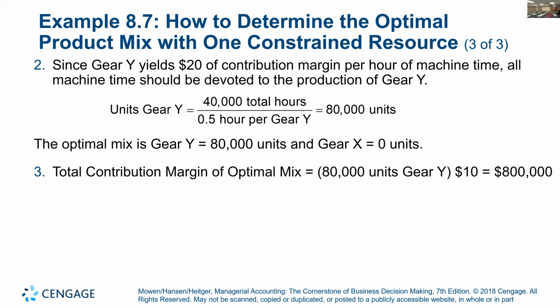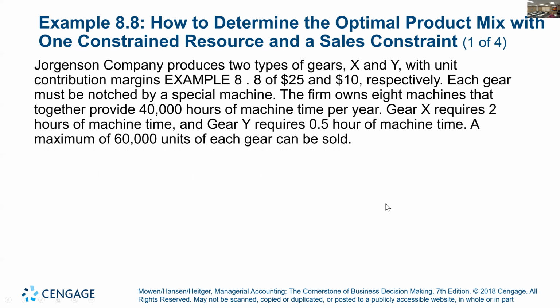Here, if we could sell as many as we could make, we would use it all on gear Y and not make any of gear X. It would make us the highest profit, but that's assuming that we can sell everything we can make.